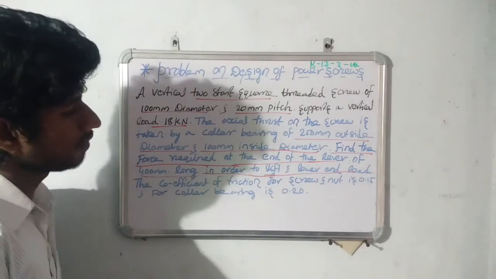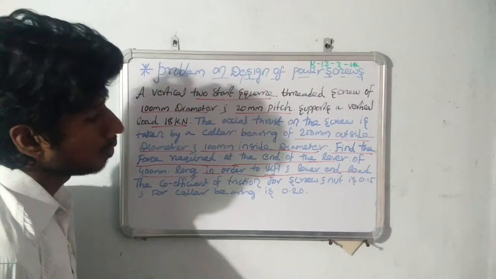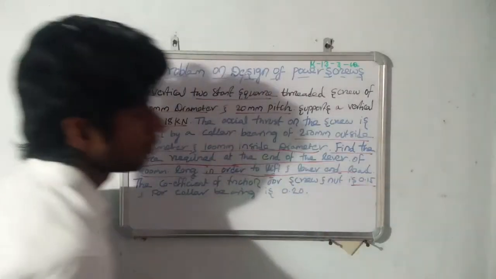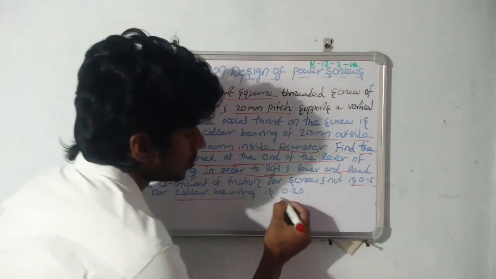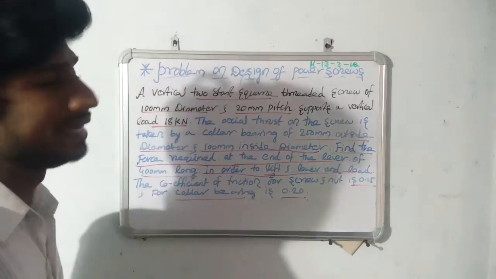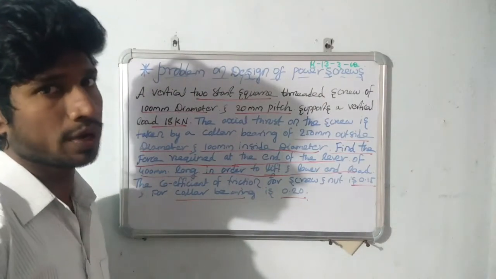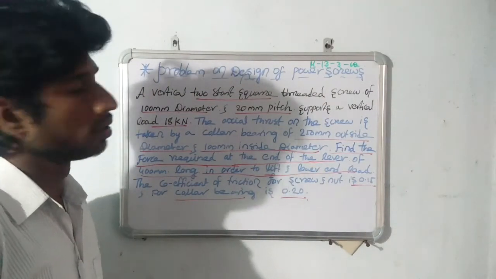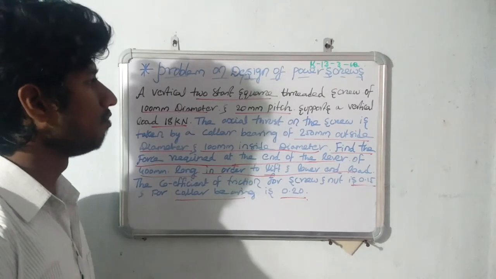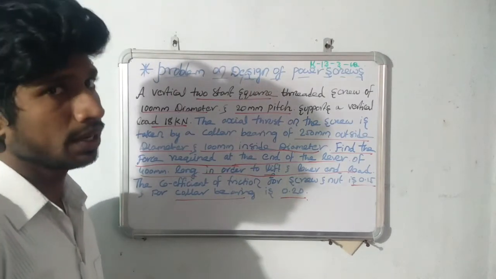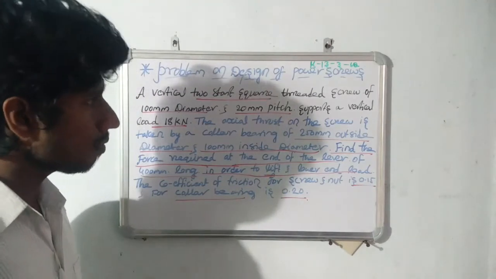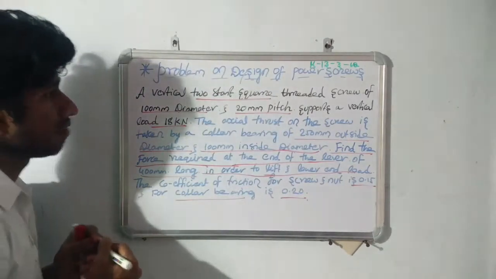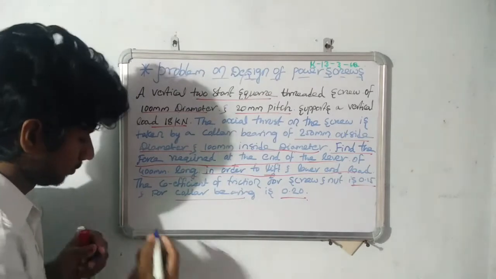The coefficient of friction for screw and nut is 0.15 and for the collar bearing is 0.20. So that is the problem. Some data is provided. Using the data, we are going to design a vertical two-start square thread screw. First of all, as usual, write down the given data provided in the problem.